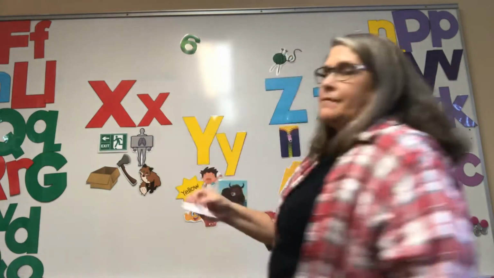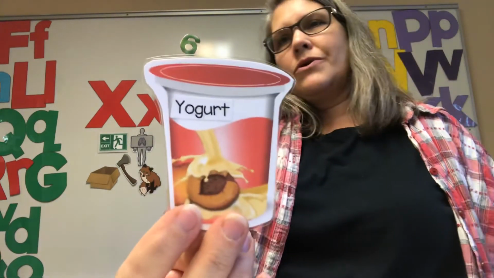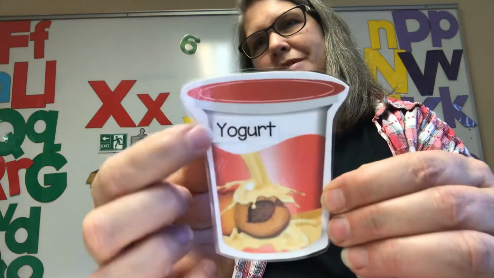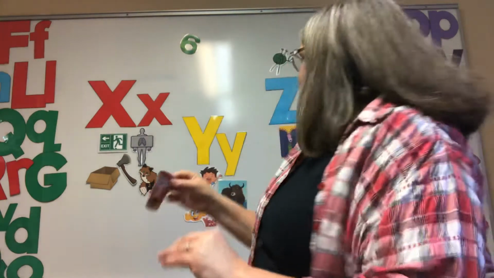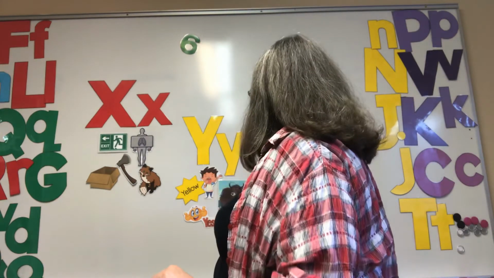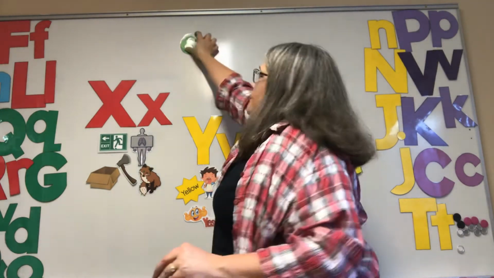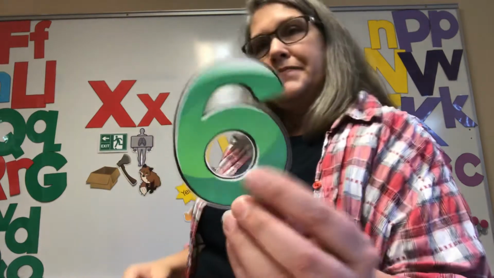Alright, here is some yogurt. What letter do you see right there? A Y. Yeah, yogurt. Yogurt starts with Y. Here is a number. 6.